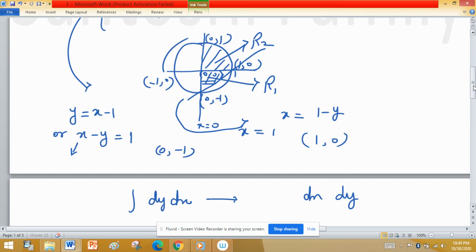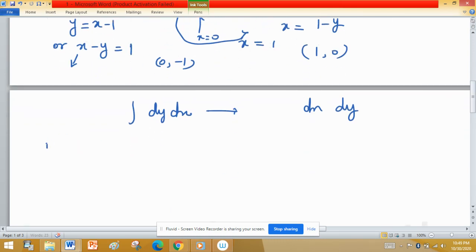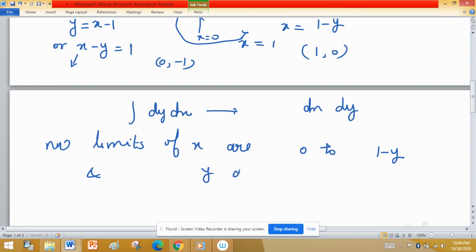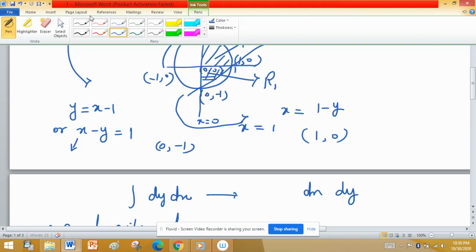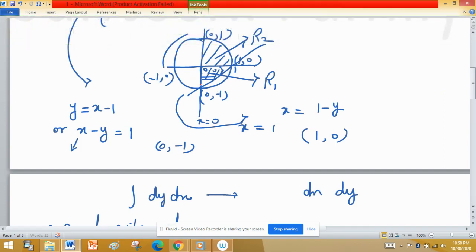So the new limits of x are 0 to 1 minus y, and the limits of y for R1 are minus 1 (I change the color of the pen) from this point minus 1 on the y-axis to this point, so minus 1 to 0.